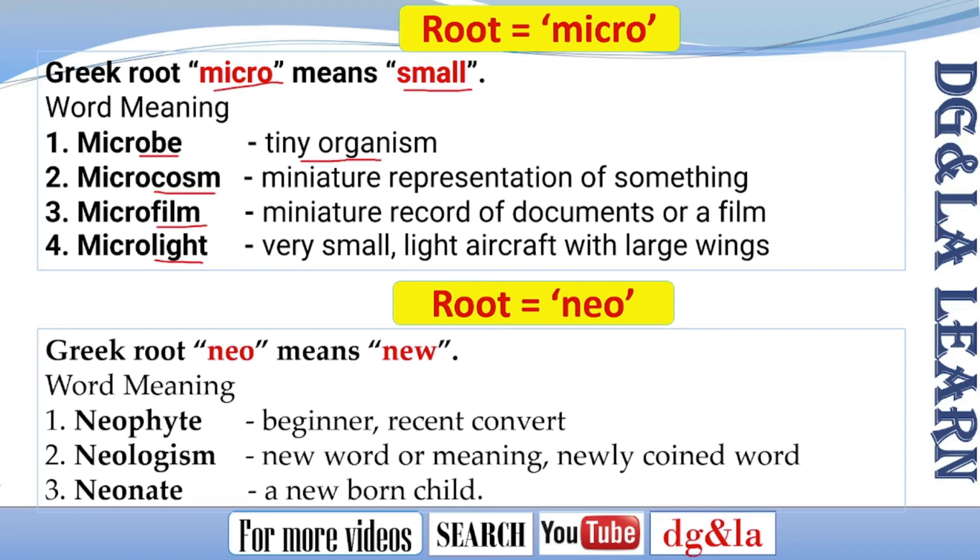The next root here we have is neo. Neo means new. So anything that is new in terms of Greek root, we call it as neo. So some words related to that are neophyte, someone who is a beginner or a recent convert. So neo means new, but phyte usually denotes a plant or a plant-like organism.